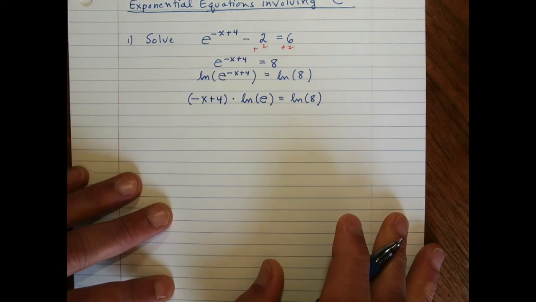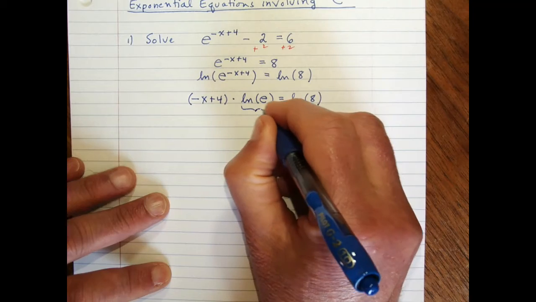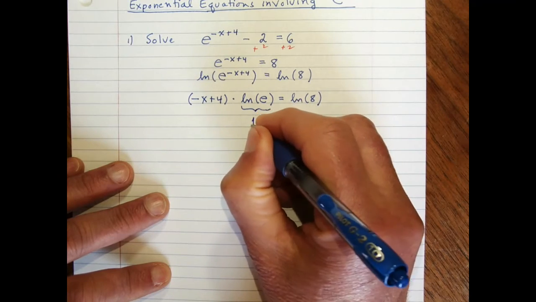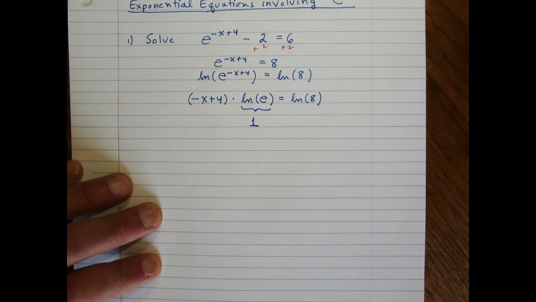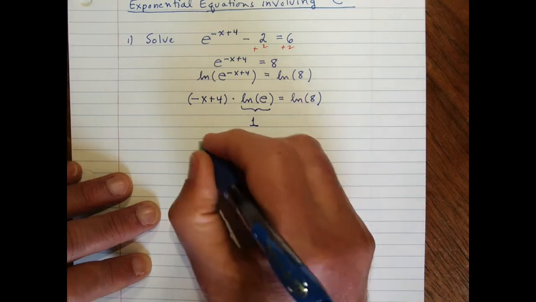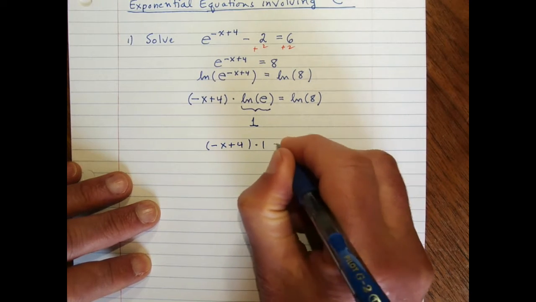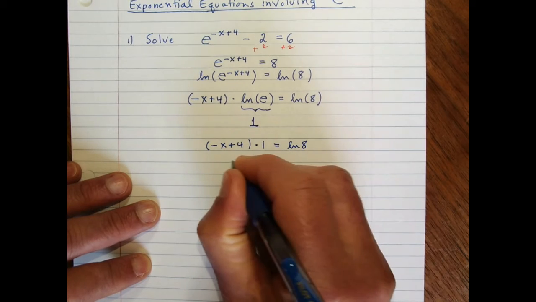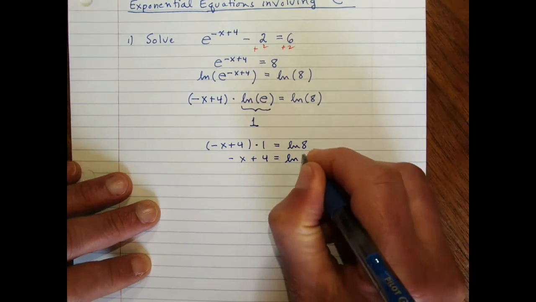Somewhere in our list of properties, we've written down that ln of e is always equal to 1. So it's nice to work with ln and e together, because sometimes nice things happen to us. Here we end up with negative x plus 4 times 1 equals ln of 8, or of course just negative x plus 4 equals ln of 8.